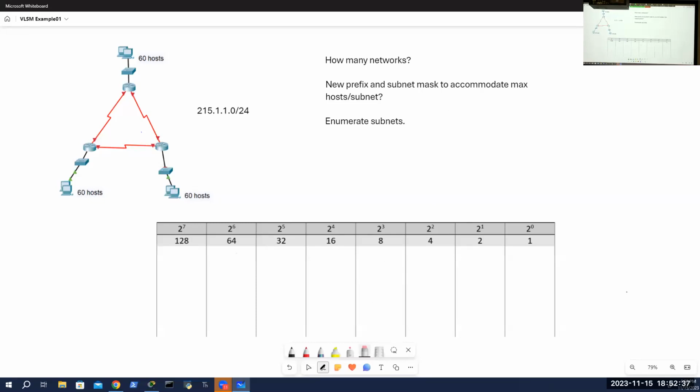Okay, so let's look at first off, how many networks are there in this problem? 6 networks, right? 2, 3, yeah, 6. Let me just circle them, make sure everyone sees that.